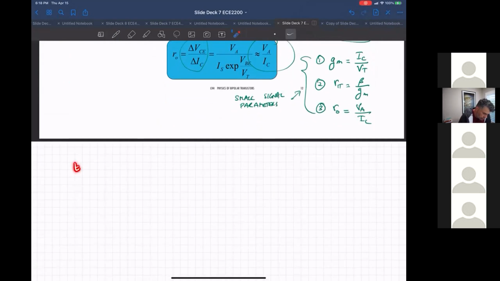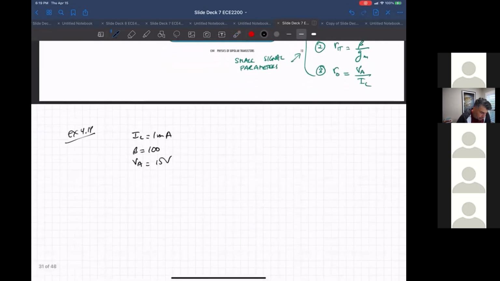This would be example 4.14 from the book. It says we have a transistor that has an I sub C of 1 milliamp, a beta of 100, and a V sub A of 15 volts. What are the small signal parameters? Here are the answers. G sub M is I sub C over VT, or 1 milliamp over 26 millivolts, which is 1 over 26 ohms.